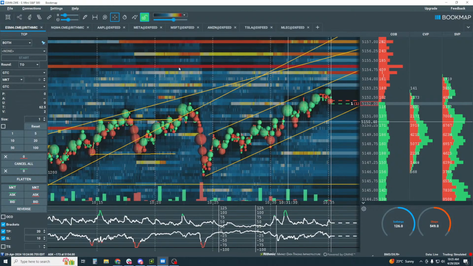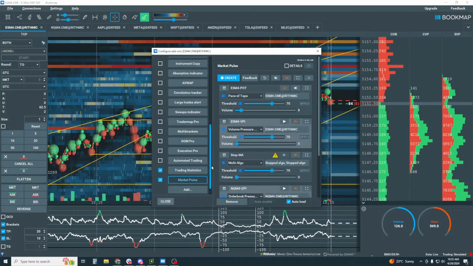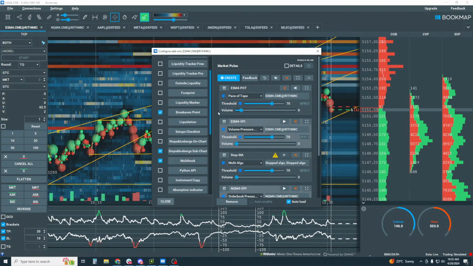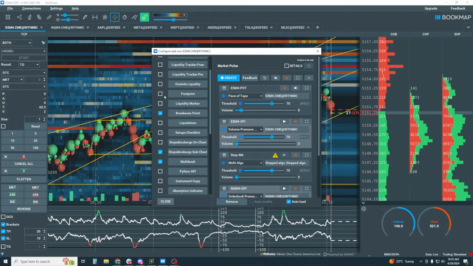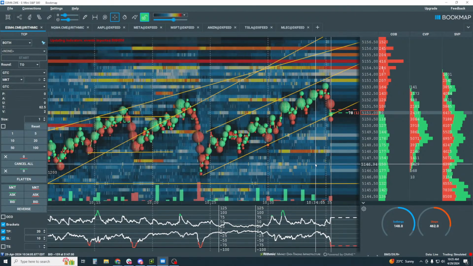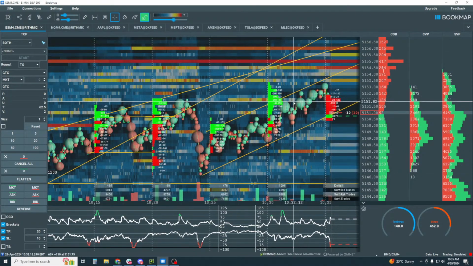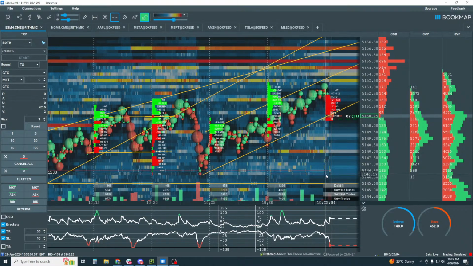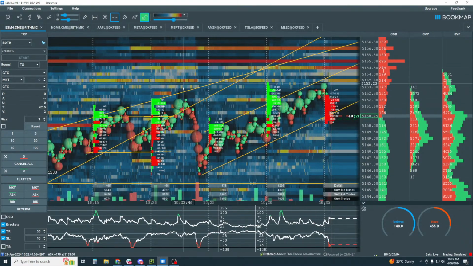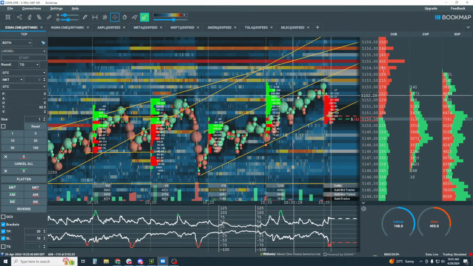All right, and let's show the footprint chart. Footprint. There it is. There we go. There's our sellers. Now see how we're kind of staying away from some of these areas in here.